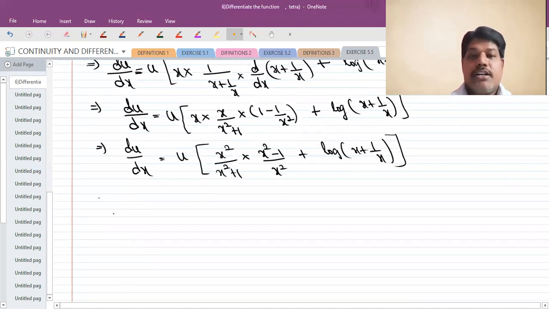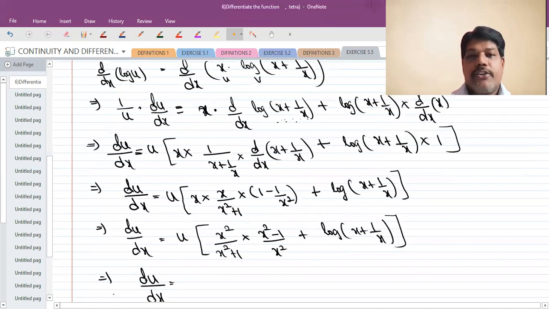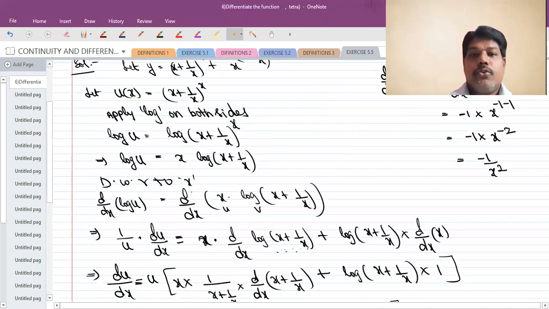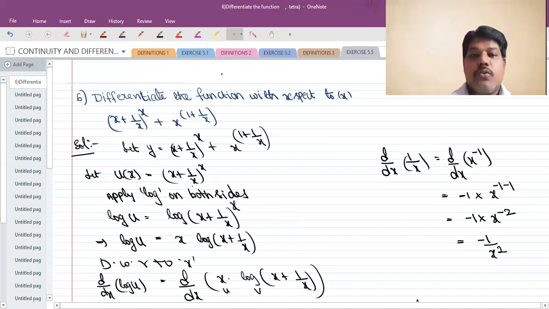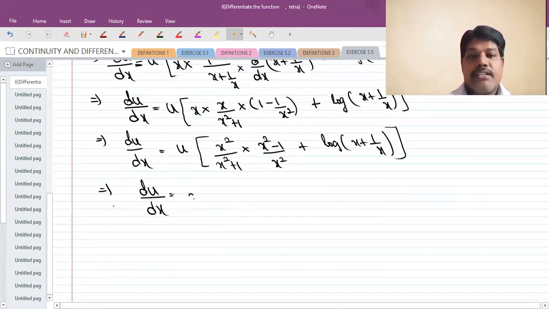That implies du by dx is equal to, what is the u value? U is nothing but x plus 1 by x whole power x. So x plus 1 by x whole power x into, here this x square and this x square will be cancelled.